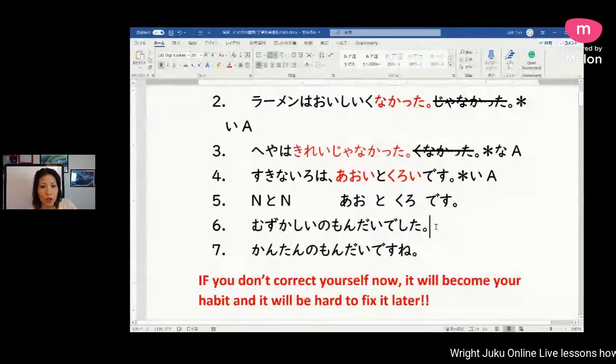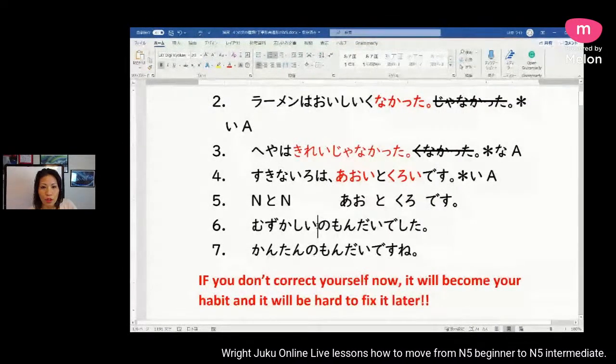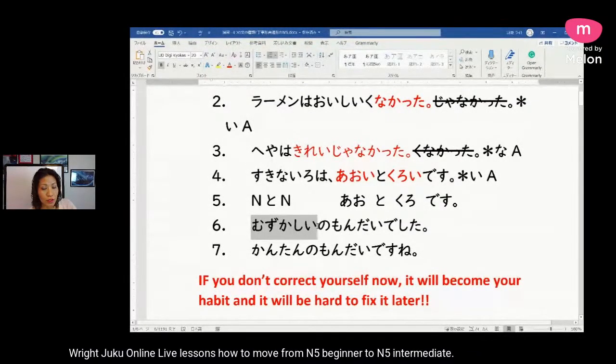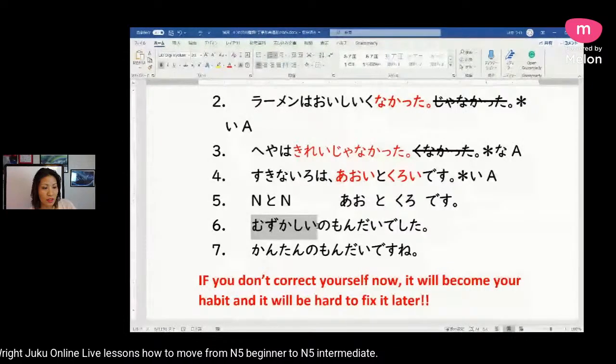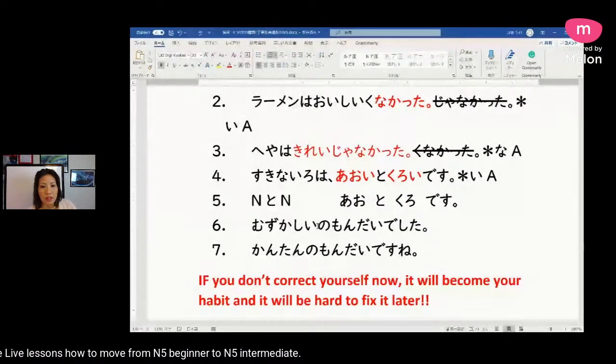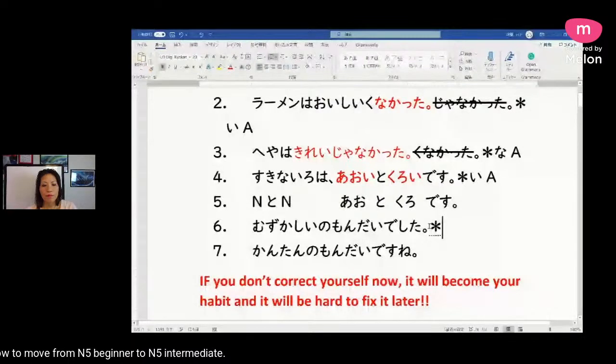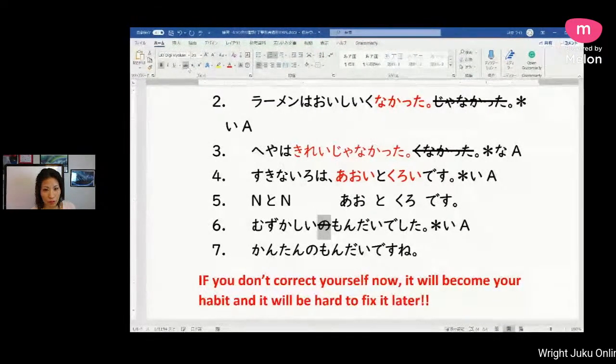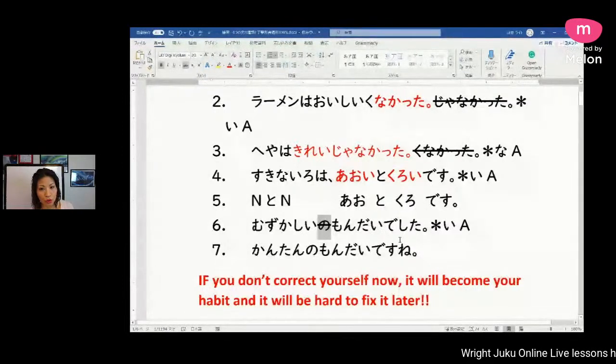6番、難しいの問題でした。The problem is you are modifying a noun with 難しい. 難しい is an E adjective, right? So an E adjective can modify a noun directly, so you do not need の.